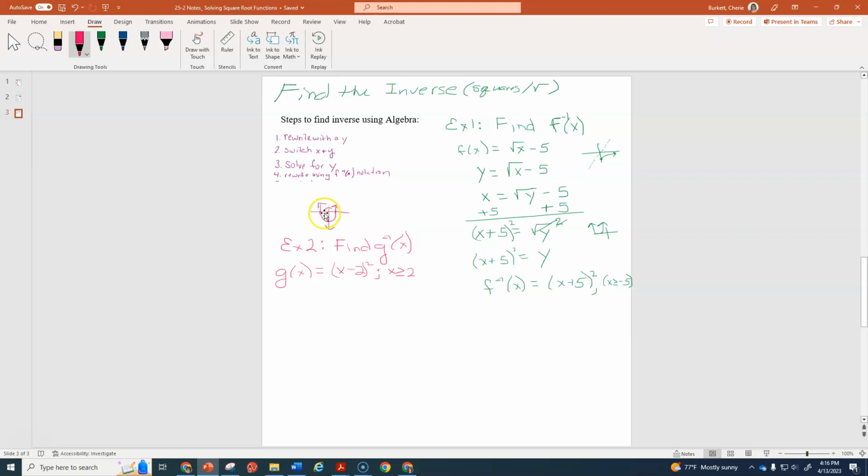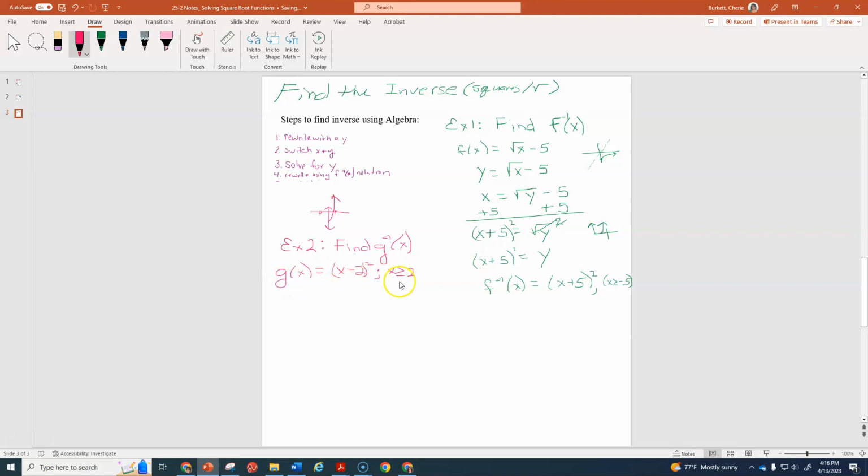So with that insight, they go ahead and restrict part of the parabola, and they restricted the negative part, or the part on the left side, so that we would have a function that now passed both the vertical line test and the horizontal line test. So that's the point of restricting the domain.